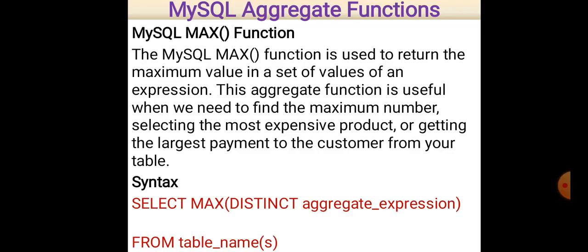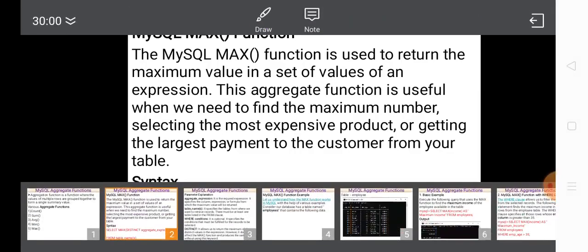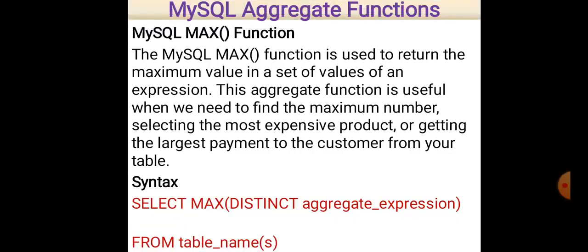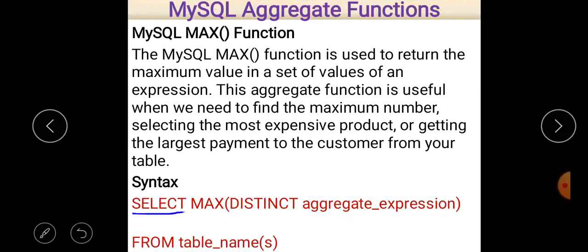First of all, there is a complete syntax. We write the select keyword. After that, the name of the function, that is max in this case. If you want to find the distinct value, meaning we don't want any repetition, then we use the distinct keyword.